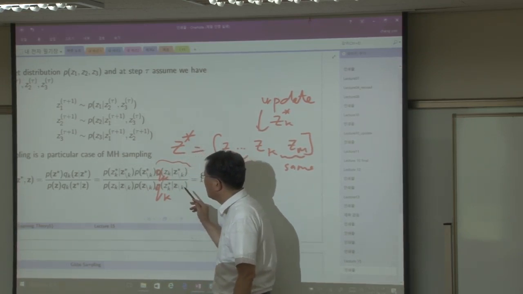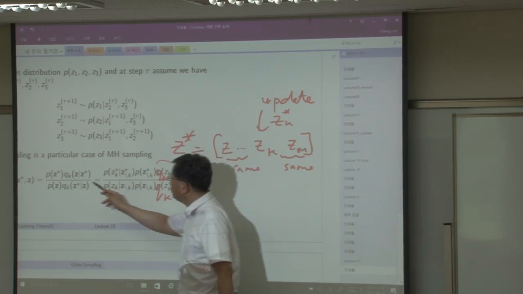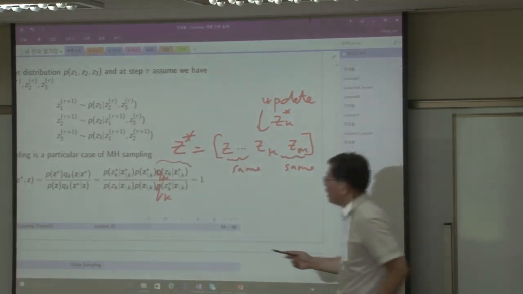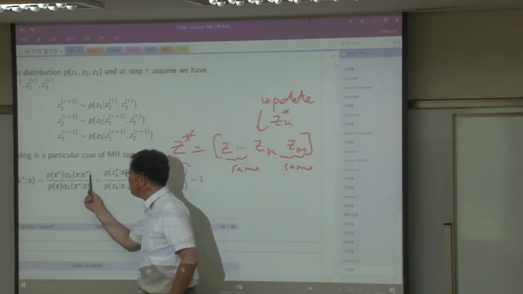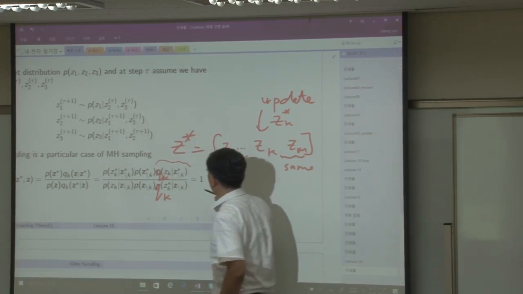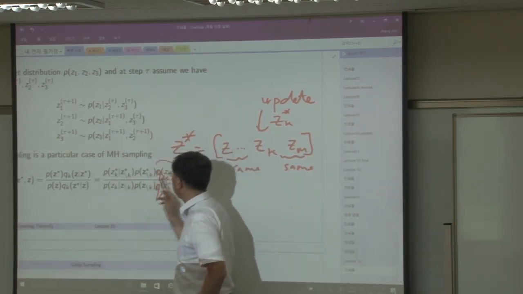Here, I'm looking at the sample. So the Q_k, I have the previous Z star, and then Z_k.